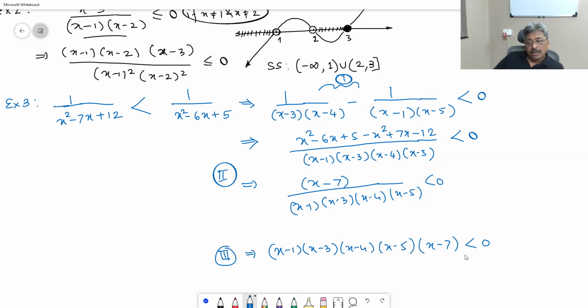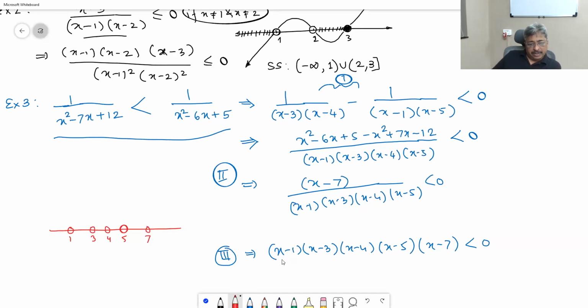However, if equality was allowed here, it would have been a little more difficult problem, because strict inequality is there. Whether we solve this problem or that problem does not make a difference in the solutions. So now we have this. Let us draw the wavy curve. 1 hollow circle, 3, 4, 5, 7.